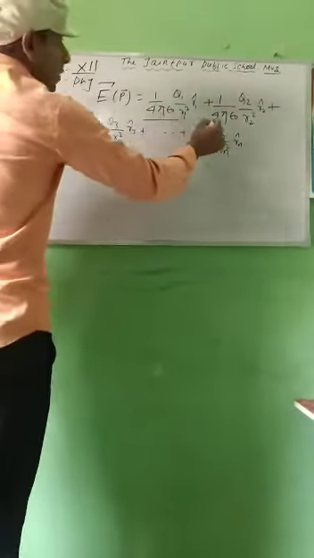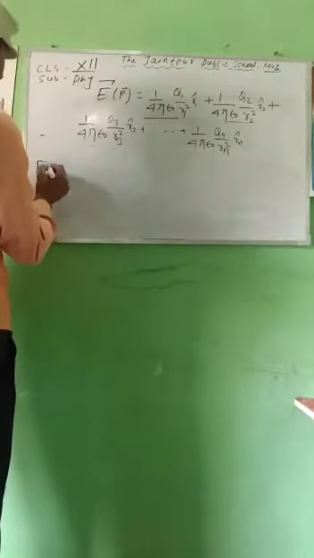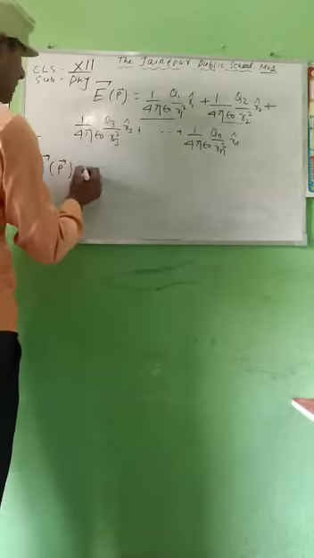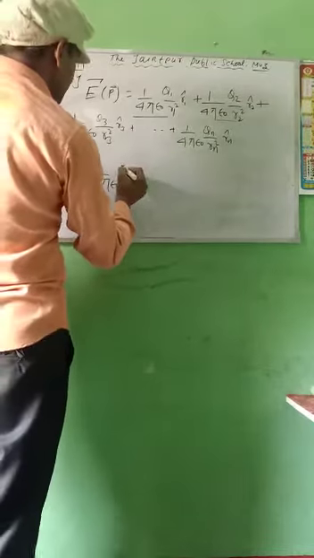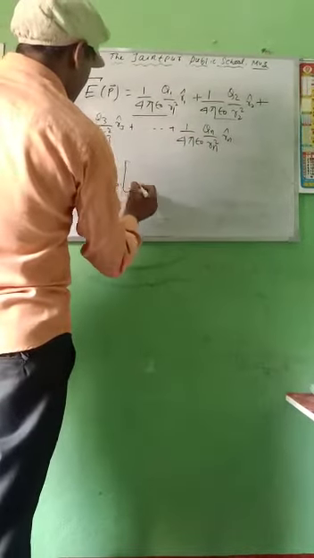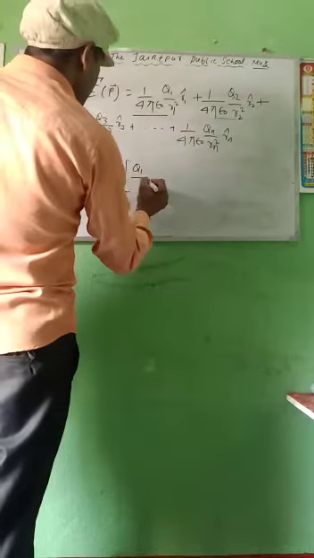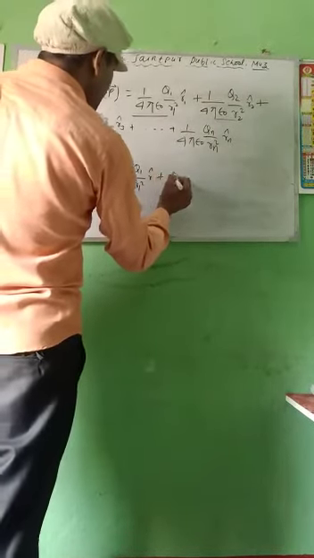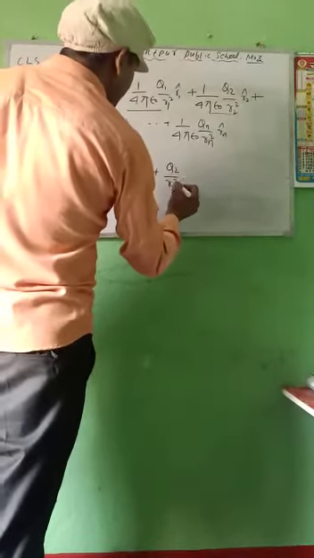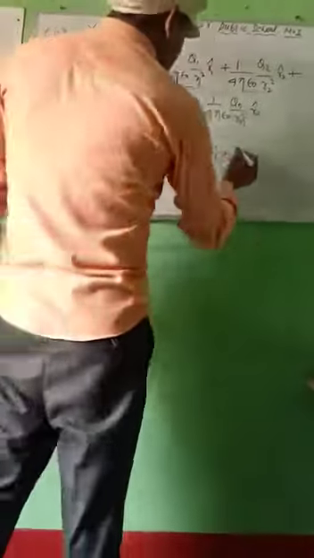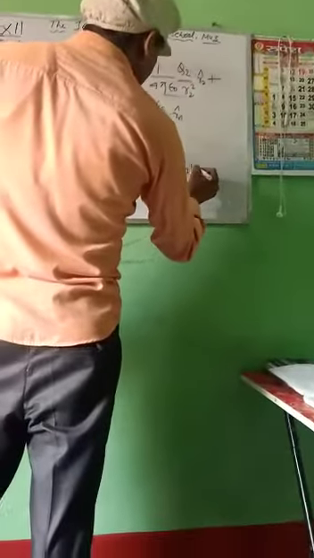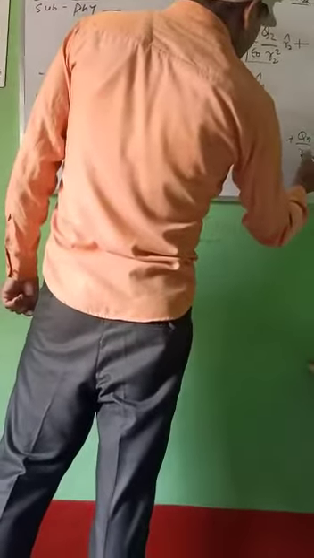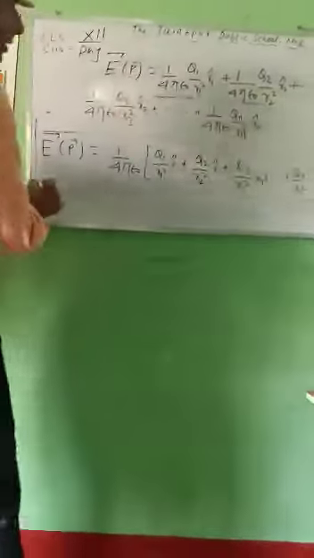So using common terms, eliminating common terms, it is equal to 1 by 4 pi epsilon naught, Q1 upon r1 square plus Q2 upon r2 square plus Q3 upon r3 square plus Qn. So this is all about the net field at point P.